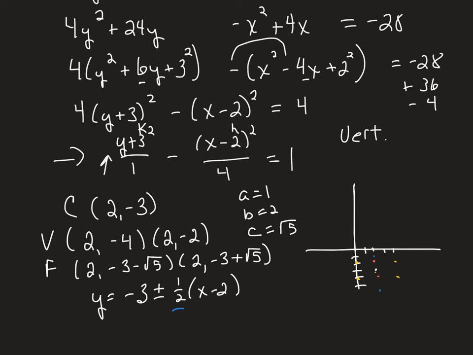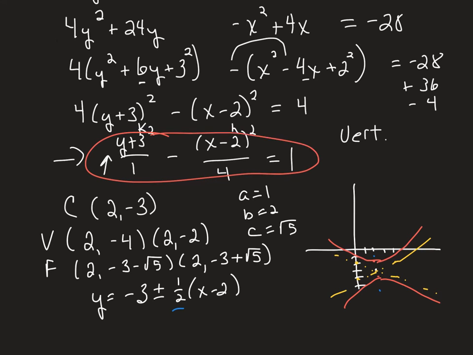So if we graph the asymptotes, our hyperbola looks like this. And we have just found everything that we needed. Remember, in your assignment, I'm going to need to see this equation if it's not given to you in standard form.